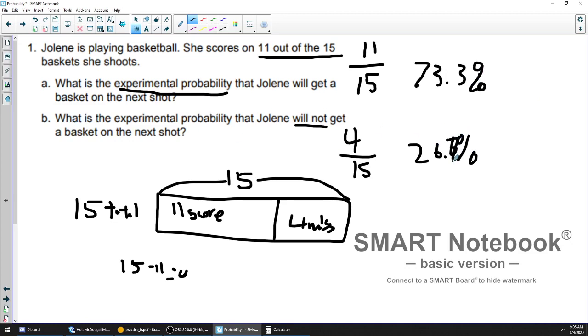Maybe if I turn this into a 7, that would be better. So we went over experimental probability, okay? What are her chances of getting in or missing? Realize it as a fraction or as a percentage.